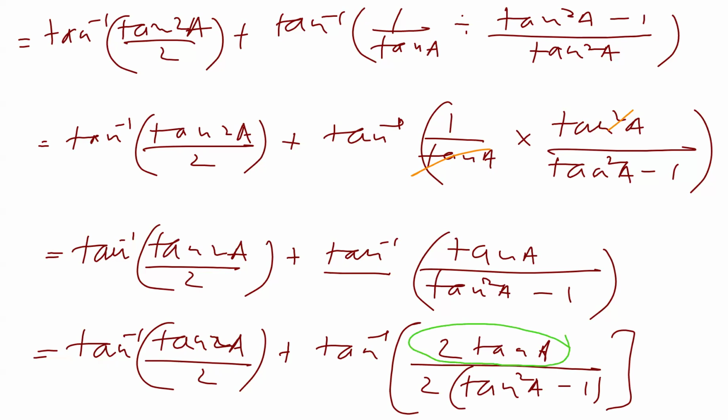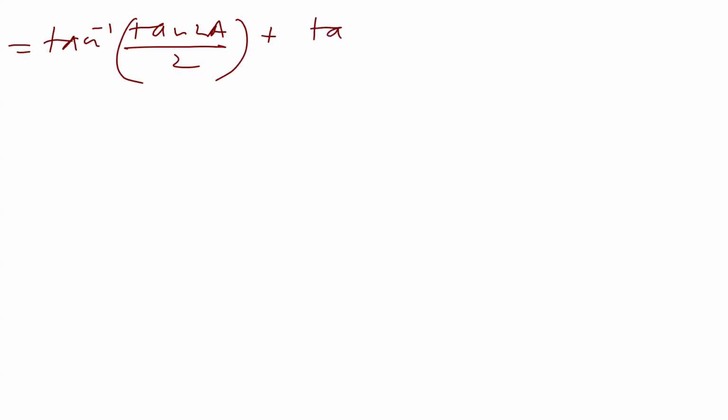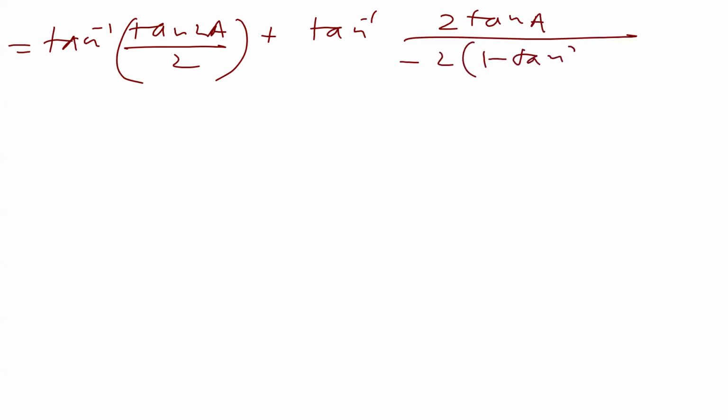Now this is 2 tan a. I'll make this 1 minus tan square a, so I'll take the minus sign outside. The terms within the round bracket will get reversed. Tan inverse of tan 2a by 2, minus tan inverse of 2 tan a upon 1 minus tan square a.